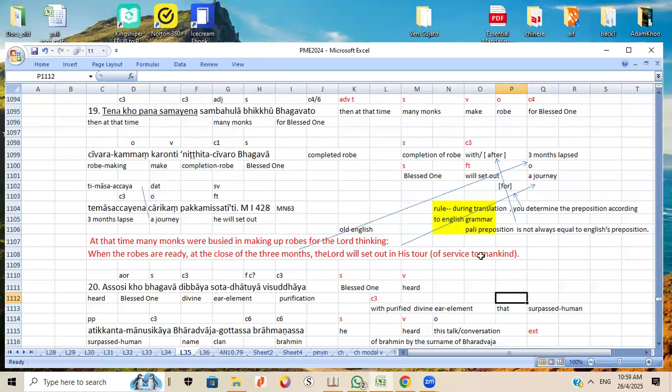And then this is "a service to mankind". It means when the Buddha starts to travel, he will go for alms round. So when you go for alms round, you get a chance to do dana. So it is a service.